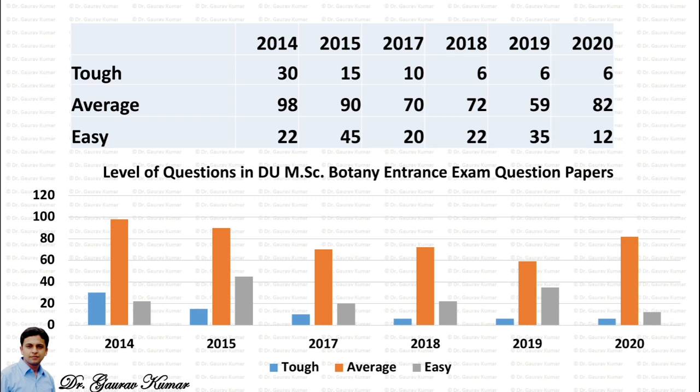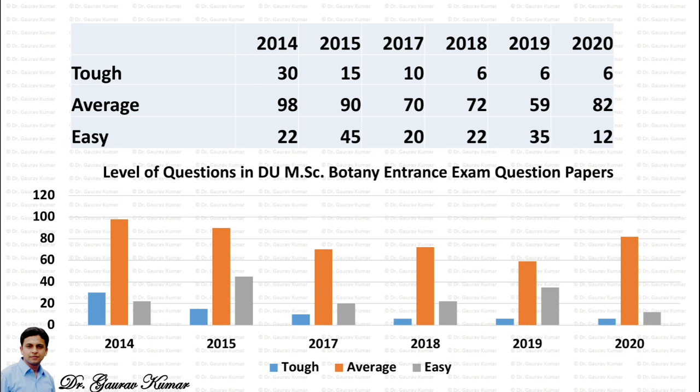You have sincerely done your practicals, you have analyzed the results, and you were continuously revising what was taught in class. So if you have done this much properly and you are thorough with the syllabus, you have gone through the recommended books in the syllabus, then I'll consider that in 2020, 82 questions were average.